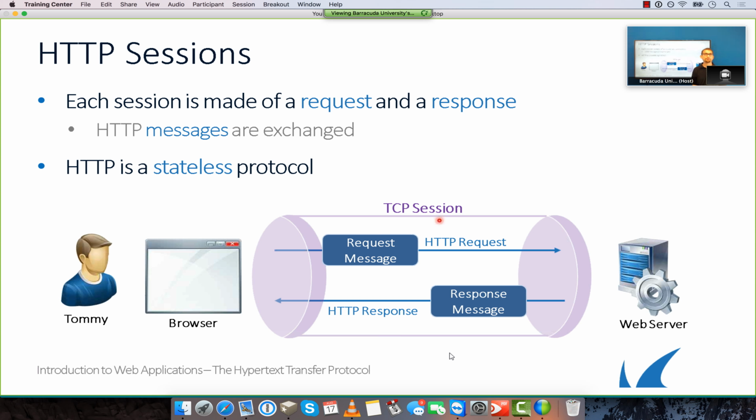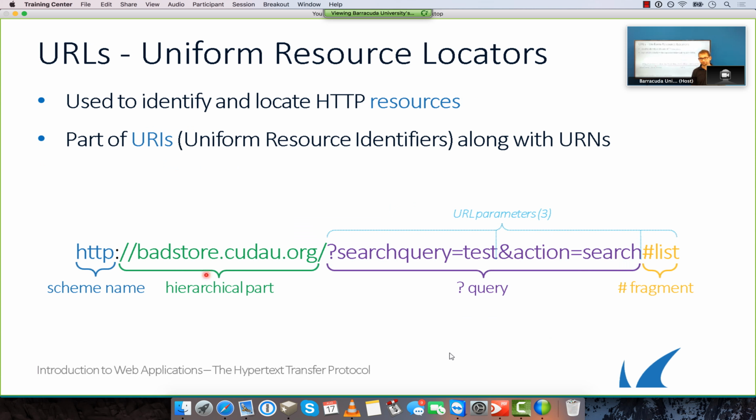Now, in order to locate the content of our web application, a web browser has to use an address in the request message. This address is called a URL. URLs are used to locate HTTP resources, to get something from a web server.